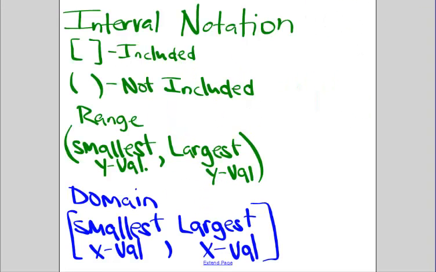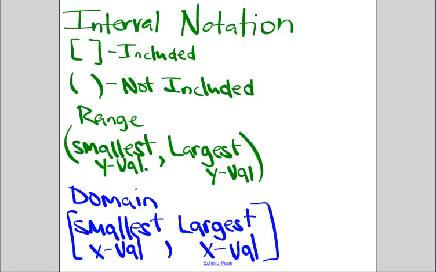So interval notation, you will use a lot in higher math. There will be very few inequality signs in the higher math. A lot of interval notation will tell you where to look for things. So here's your Cliff Notes version of interval notation.